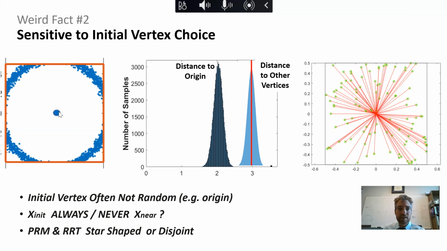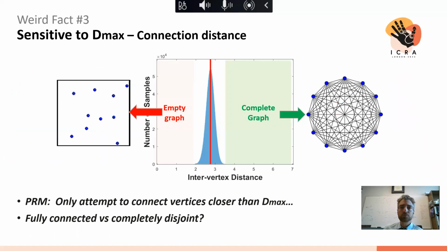What happens in that case is that with high probability, it will be the nearest neighbor to every other sample that's generated. And you'll start to grow a tree that becomes effectively star-shaped, meaning that they have that one root there at the origin, and every other vertex becomes a leaf of that. And that's not usually the type of tree that we want to generate.